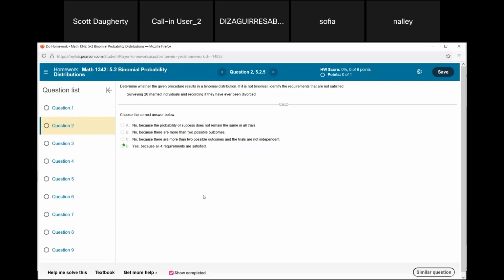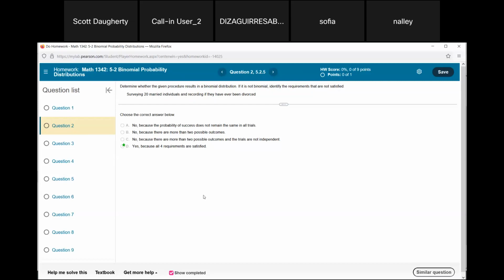So as long as you're doing this, say, in the same country at the same moment in time, there's a certain percentage of the population that's been divorced or has not been divorced. And as long as that percentage doesn't change, then the probability, when you randomly pick someone, that they're divorced or not should be the same. So in that case, yes, the probability would be the same.